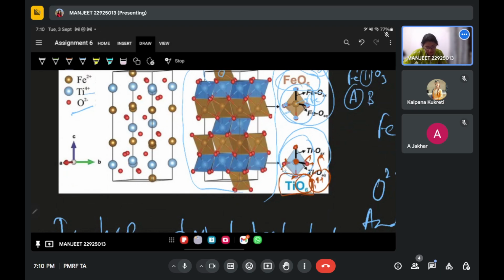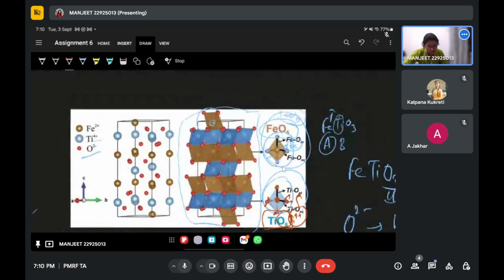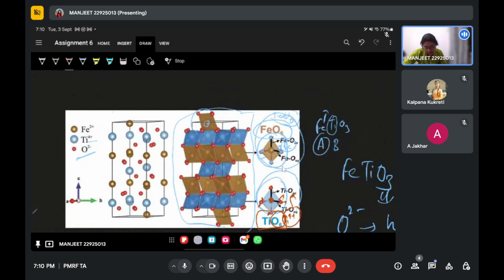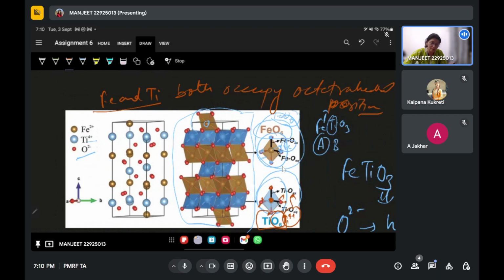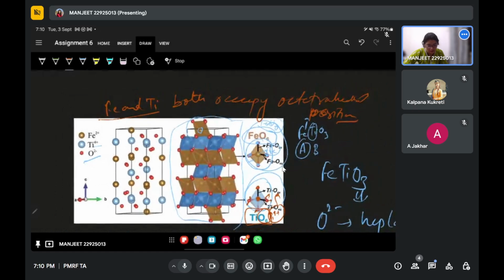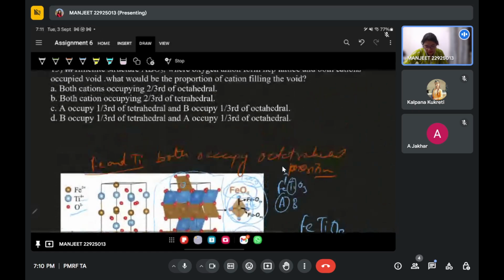So it is clear that Fe and titanium both occupy the octahedral voids. From the crystal structure you can see both occupy the octahedral positions.